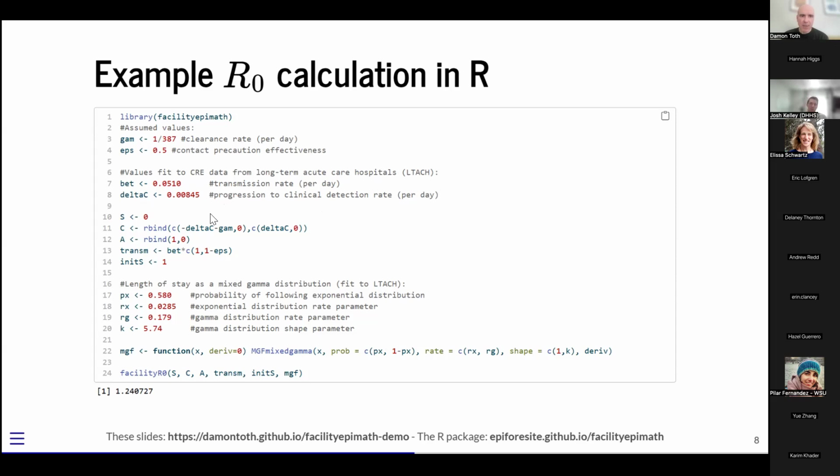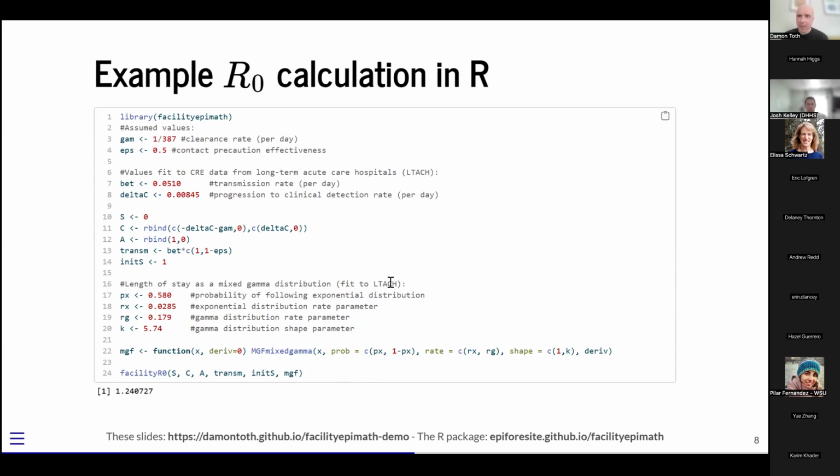So with those values fixed, we can build those components that I showed on the last slide that describe the differential equations. So the S matrix, C matrix, A matrix, the transmission rate vector, and the initial condition. And then this last piece here is defining the length of stay distribution.